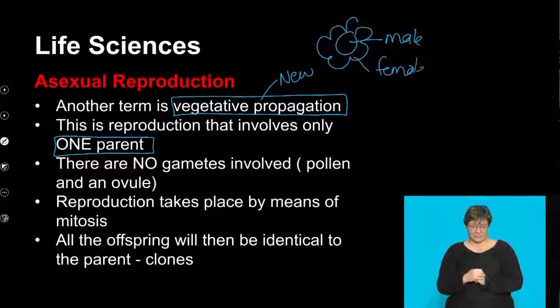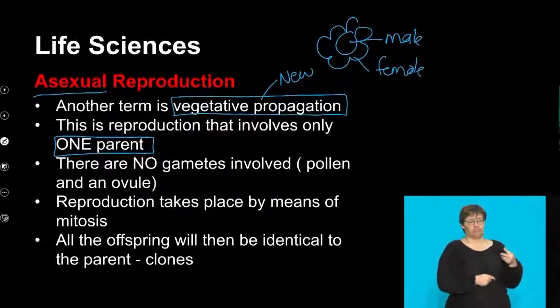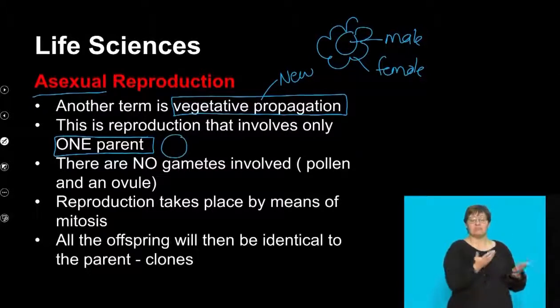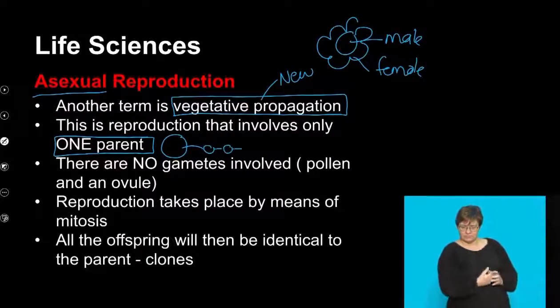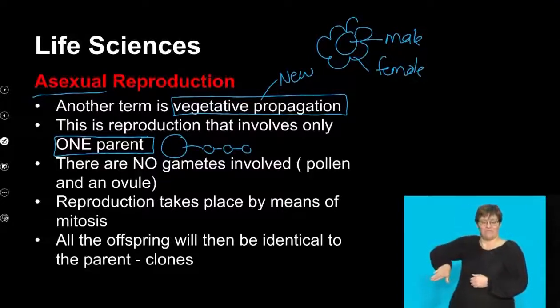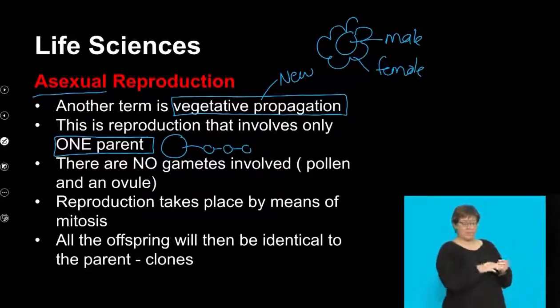We'll look at that just now. When it comes to asexual reproduction, that is not going to be the case. One parent, one plant, is able to give rise to many. So you take away this concept of male and female, which leads us to our second point.